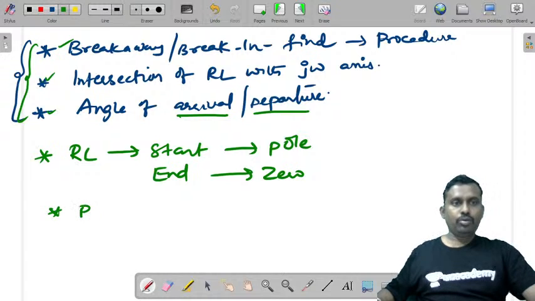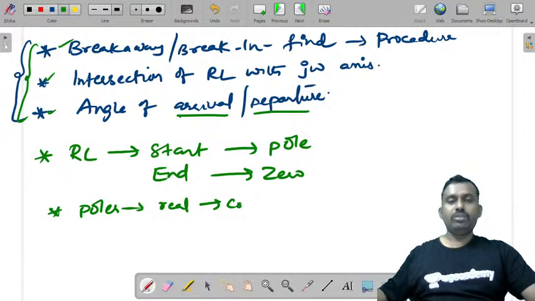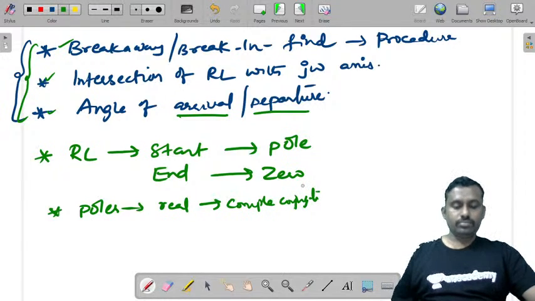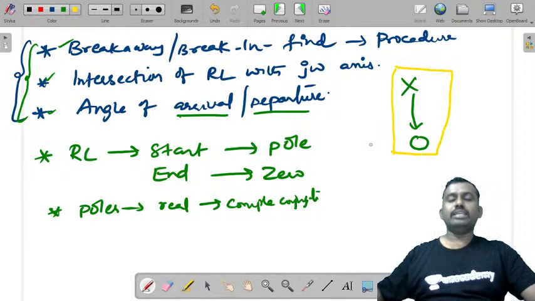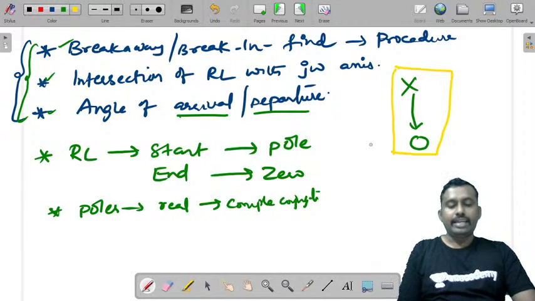And poles need not always be real. Poles can be complex conjugate also. This is a very important point that you need to remember: every root locus path will start at a pole and end at a zero.